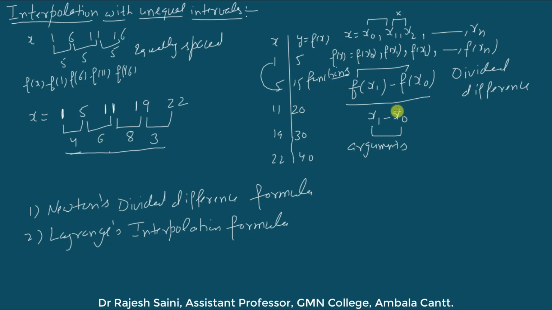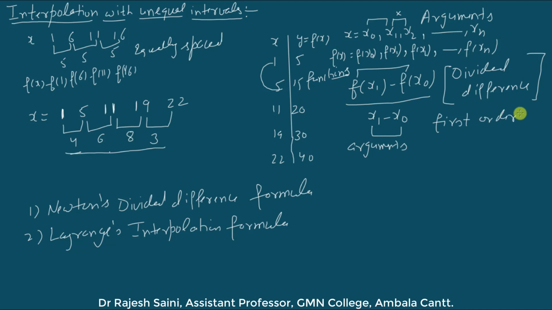Since there is a difference and this is the ratio, this is known as divided difference. Divided means things are being divided, and difference means the difference of the values of the function and the difference of the values of the arguments. These x0, x1, x2, xn are called arguments. So this is the divided difference, and this is known as first order divided difference.